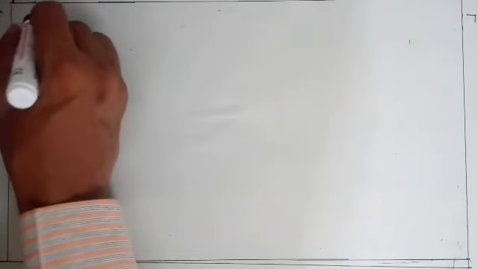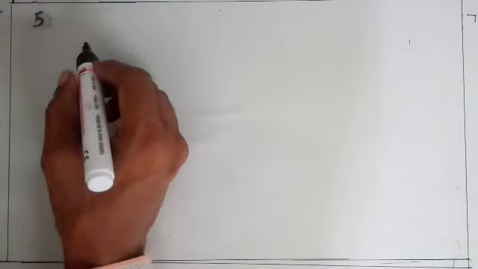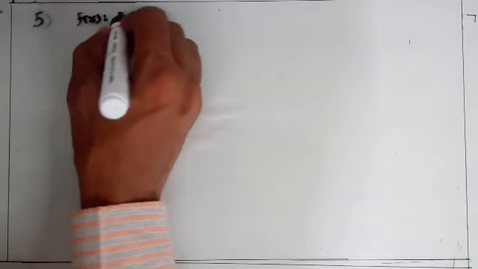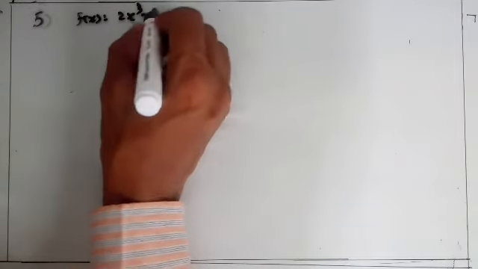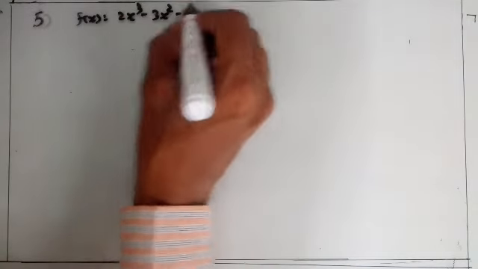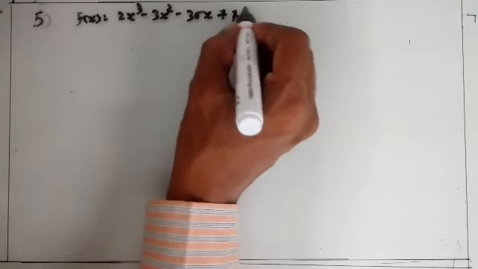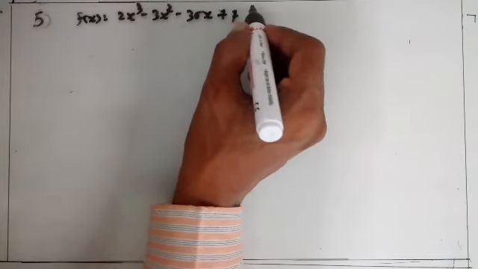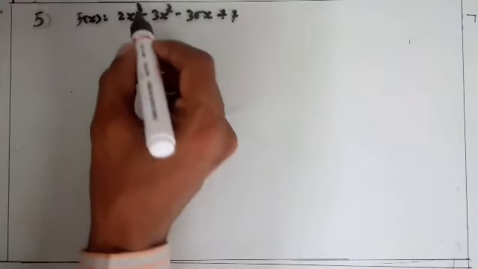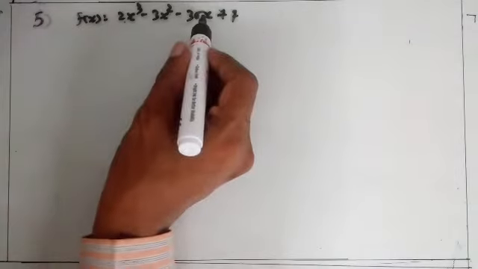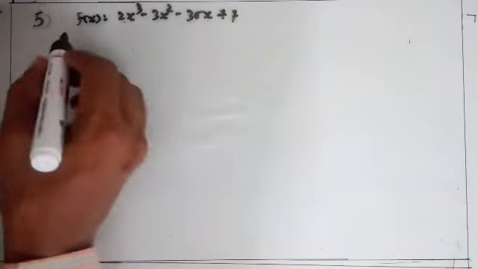Now question number 5. Find the interval in which f(x) = 2x³ − 3x² − 36x + 7 is increasing, decreasing. Remember this here.